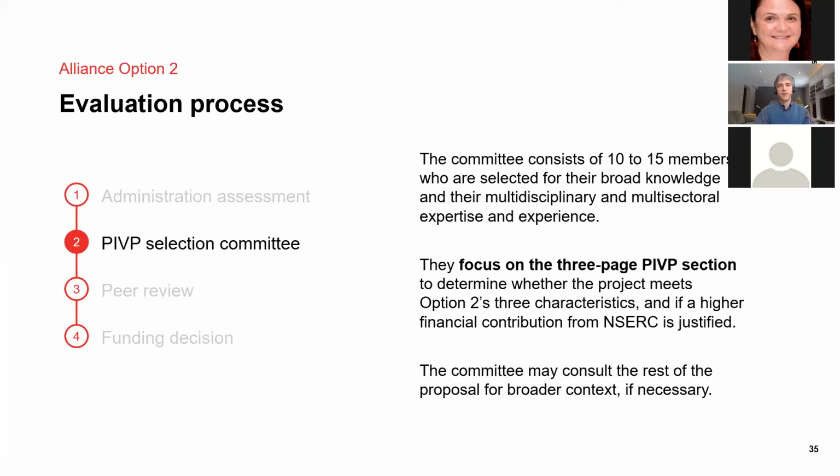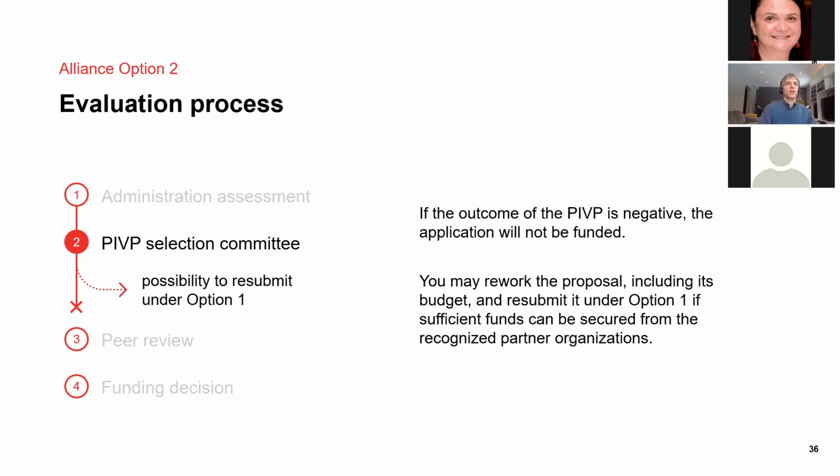If it meets option 2, as determined by the committee, it will follow the standard review process, which is sent to external reviewers, who will provide reports, and will follow the standard process as option 1.